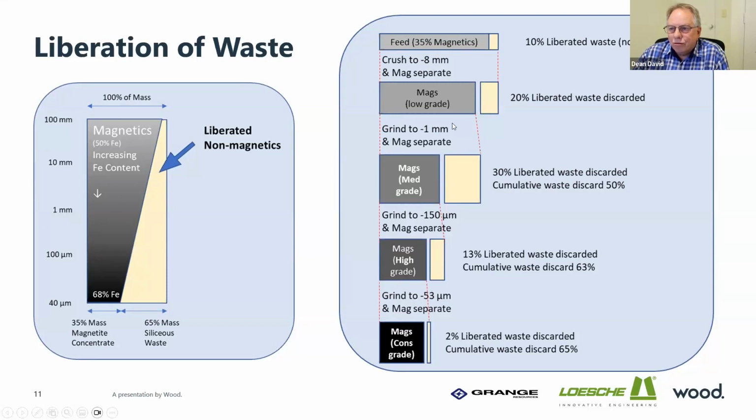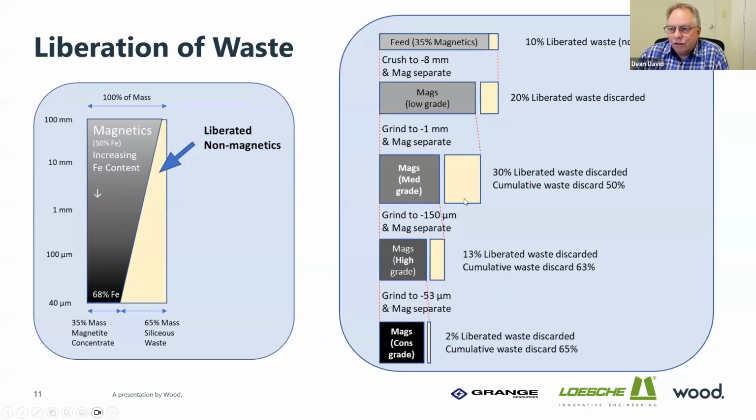So for every ore, these sizes are different, and these liberation characteristics are different. And basically, once you've thrown away a bit of material, the next stage has less to deal with, and less again for the next stage, less again for the final stage. And basically, you're getting closer and closer to pure magnetite as you go down these various stages.